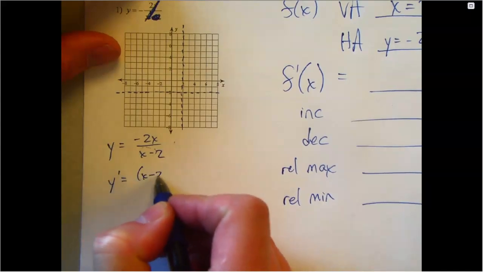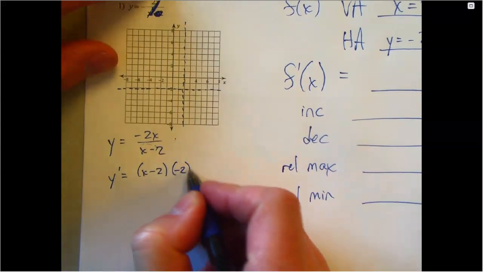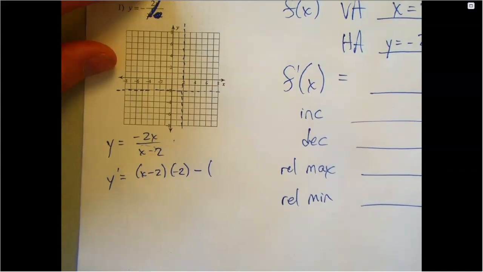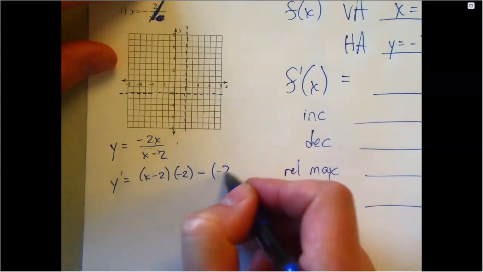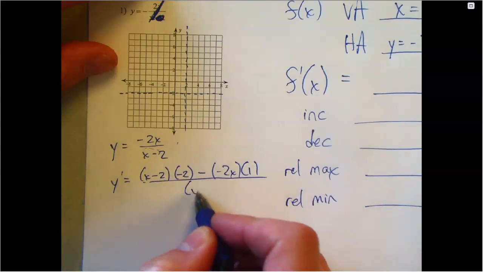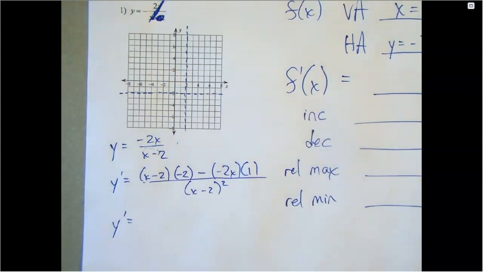So we go to the bottom times the derivative of the top, which is -2, minus the top times the derivative of the bottom, which is 1, over the bottom squared.